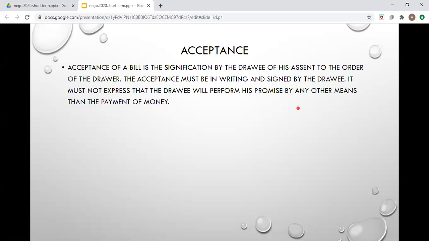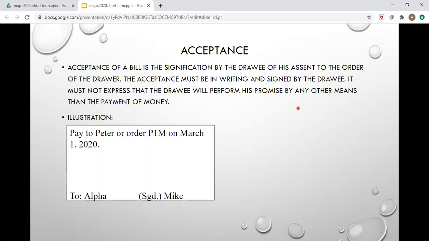So, how will this acceptance be made? Acceptance, you have to take note that as much as possible, it shall be included in the instrument itself. It shall be made on the face of that instrument, okay? By writing the word accepted across the face of the instrument to be followed by your signature. And the promise to pay here should be to pay only in the form of money and not in any other means. So take for example the following. I pay to Peter or order 1 million on March 1 of 2020, signed Mike to Alpha.